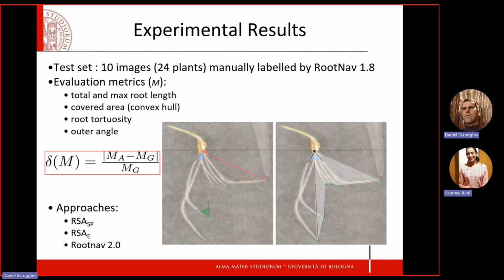To evaluate the quality of these measurements, we defined a normalized relative discrepancy, which consists of evaluating the difference compared to manually extracted ground truth.